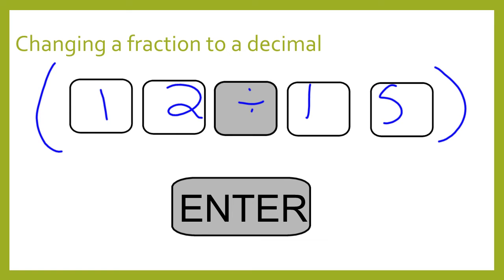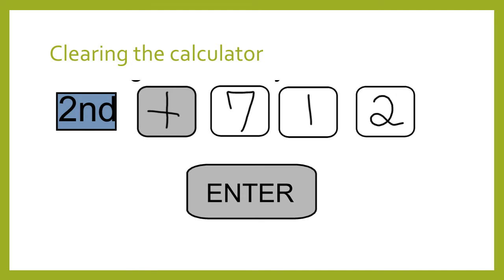Now we're going to learn how to clear the calculator. This is important because sometimes other students will do things to the calculator and it needs to be cleared. I'm going to let you write this in your notebook. Eventually you will memorize it.